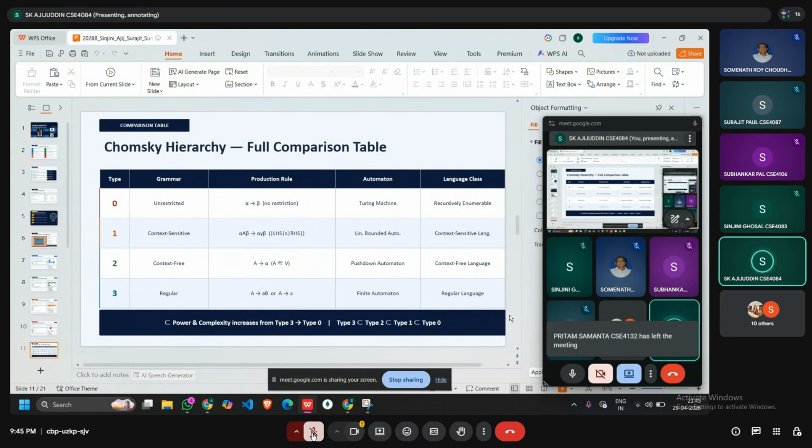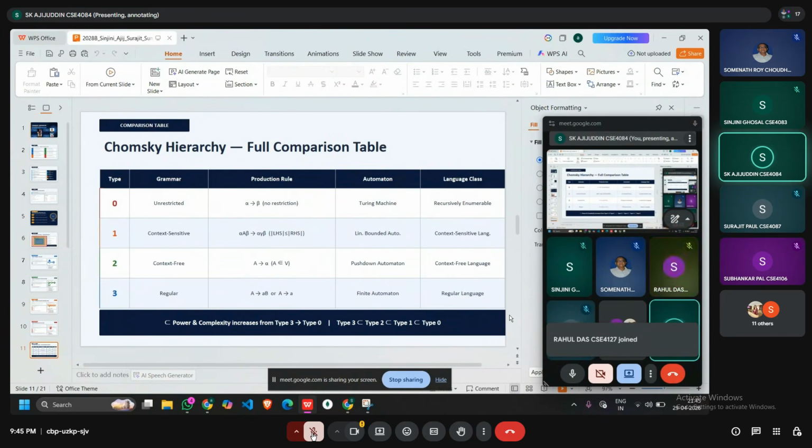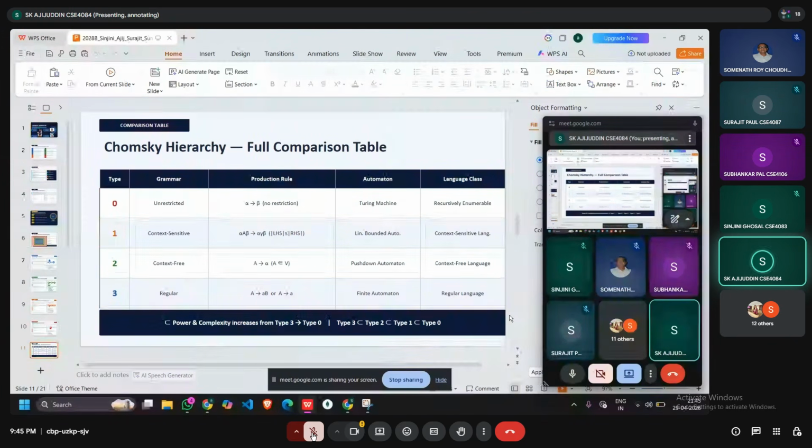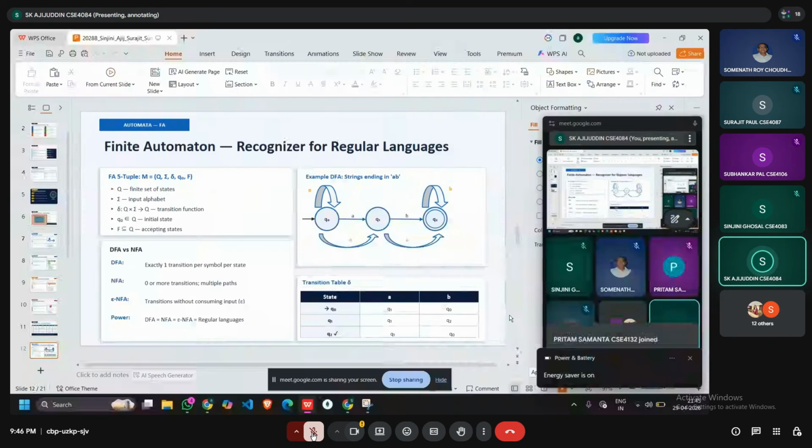Regular grammar corresponds to regular languages. Context free grammar corresponds to context free languages, context sensitive grammar to context sensitive languages, and unrestricted grammar to recursively enumerable languages.